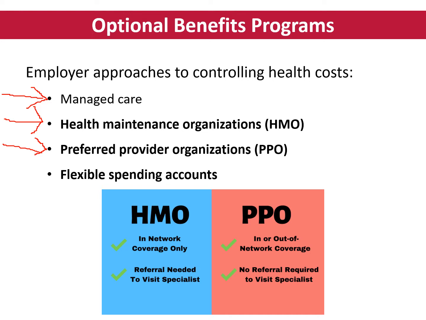Okay, organizations can also offer their employees something called a flexible spending account. A flexible spending account has very little cost for the employer. There are some administrative costs involved, but basically you allow employees to take a certain percentage of their income, typically no more than $2,500 or $3,000, and put it into what we call a flexible spending account.